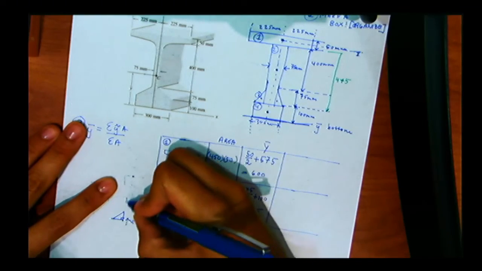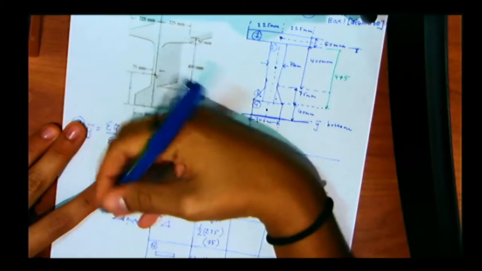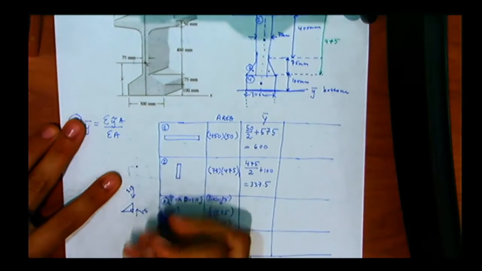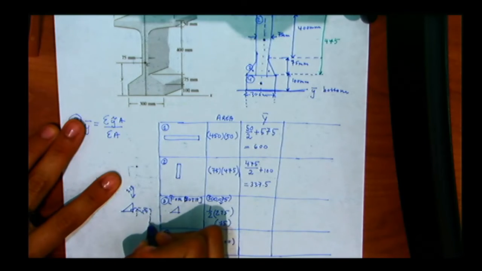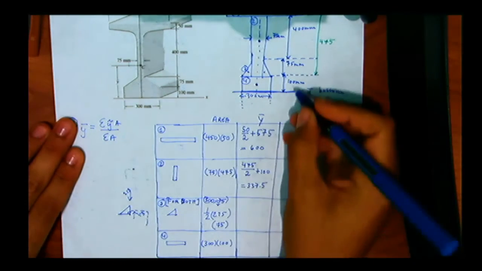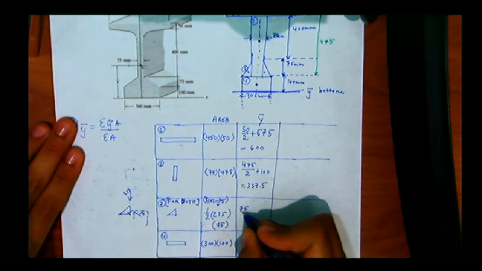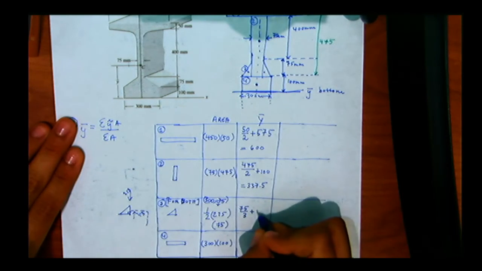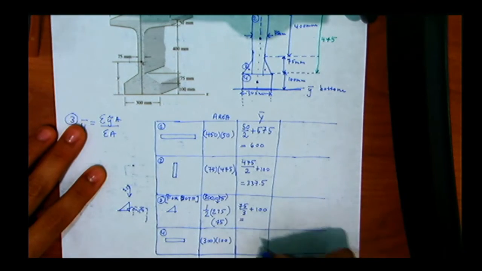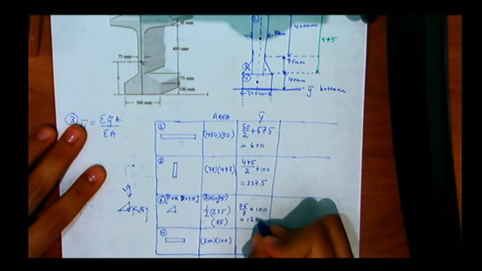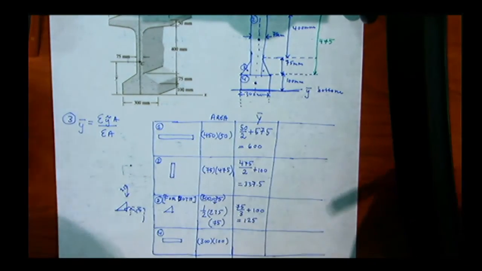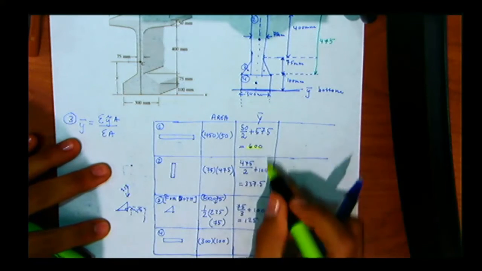So it'd be 75 divided by 3 plus 100 equals 125. And this, we know we just divide by 2.